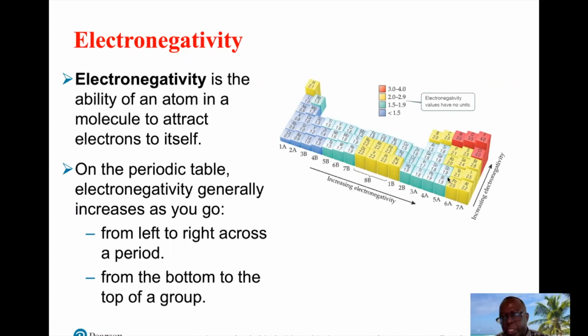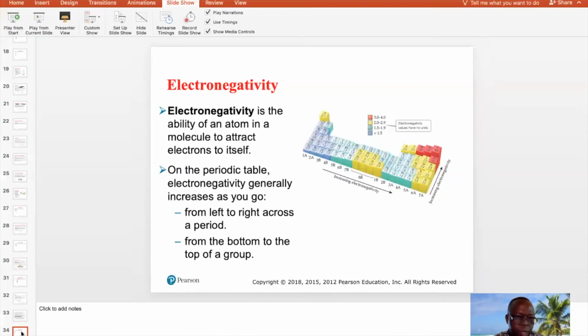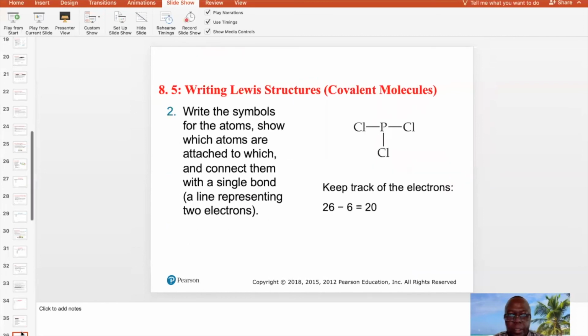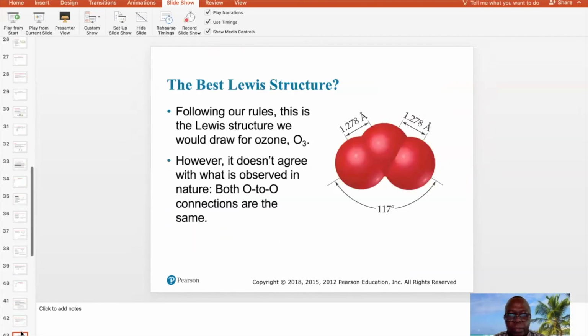Most compounds we look at are the non-metals, the molecular compounds, which do share electrons. You will not see a metal and a non-metal because there is complete transfer of electrons, and we cannot talk about sharing and electronegativity in that case because of the complete transfer of electrons.